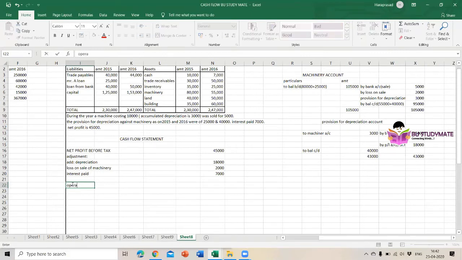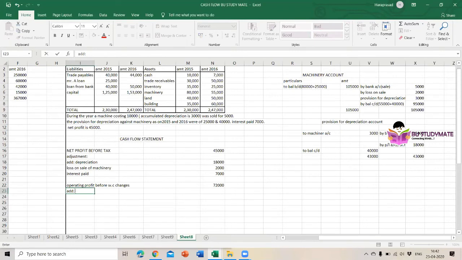Then operating profit before working capital changes is 45,000. Then we have to add all these things. 72,000. Then we have to add or less the current assets and current liabilities.